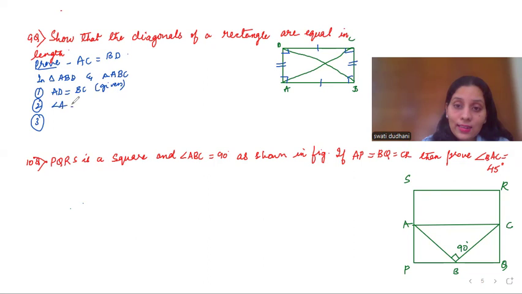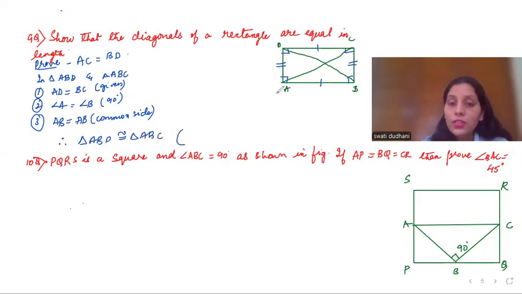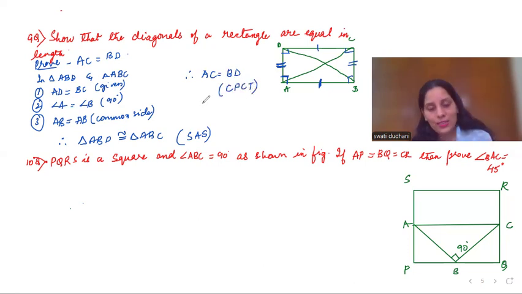Next is angle A is equal to angle B, both equal to 90 degrees. And next is AB is equal to AB because of common side. Therefore, triangle ABD is congruent to triangle ABC. By which congruency? This is side, angle, and side, the angle is included. So by SAS congruency. Therefore, AC and BD are equal, by CPCT. It was very easy. Next question.